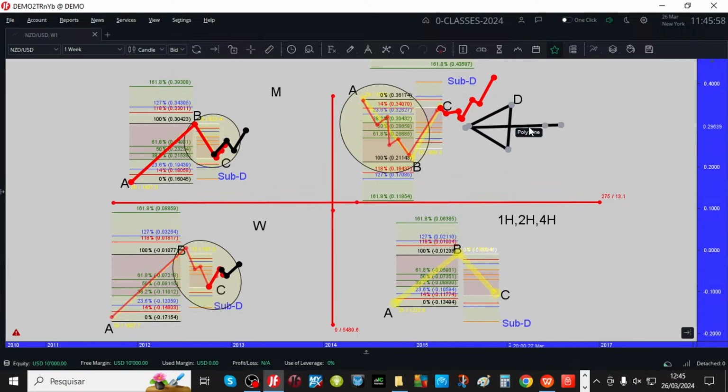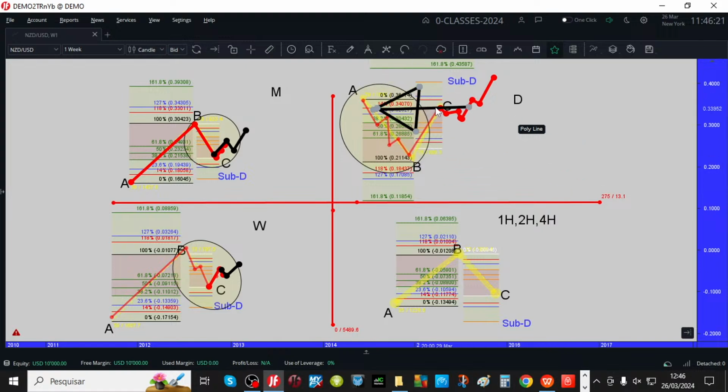7 times out of 10, even though this is not conformity, the monthly and the weekly are aligned as direction, and those two are going to break the original Fibonacci that is going down.